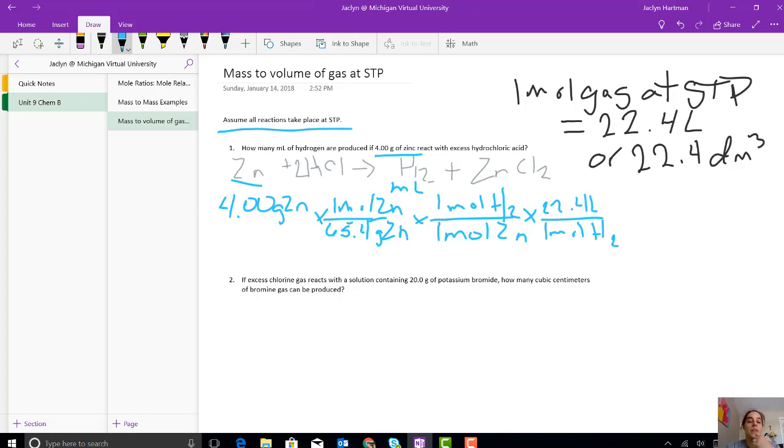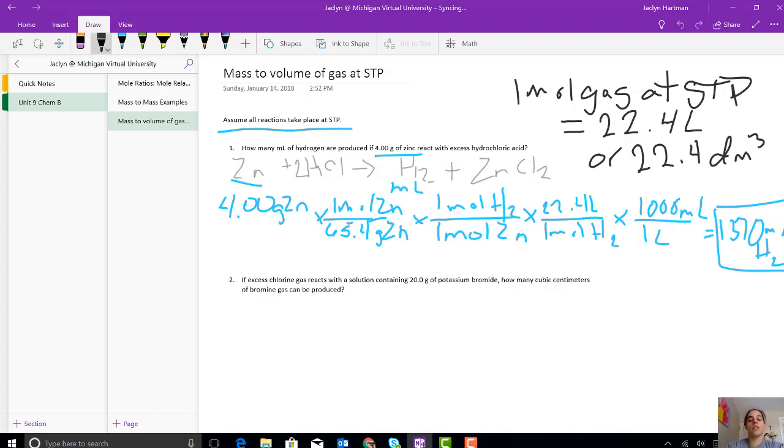Now, the question asked how many milliliters, so I have to convert liters to milliliters, but that's probably the easiest step of the whole problem. 1 liter is 1,000 milliliters. And I get my answer to be 1,370 milliliters of H2. Realize I'm using proper sig figs, so my answer might be rounded a little differently than yours, and that's okay.